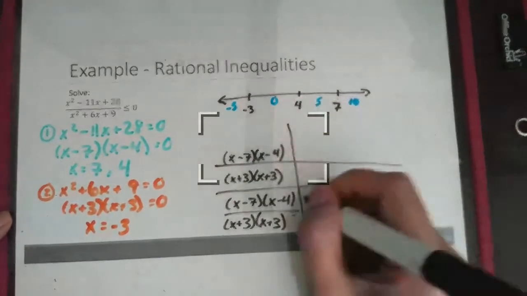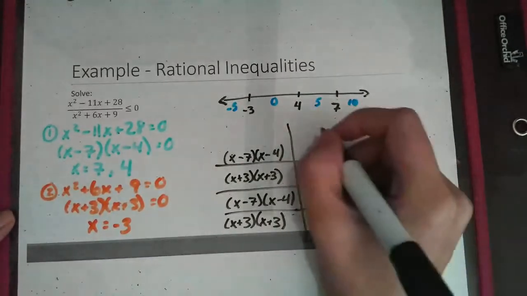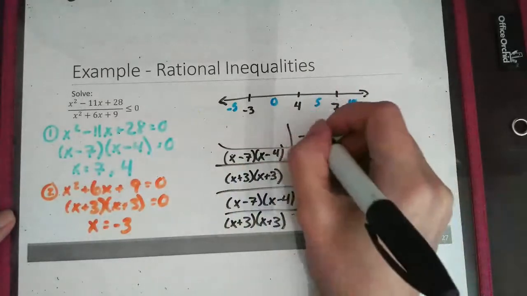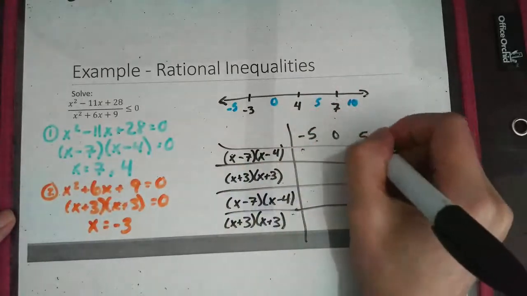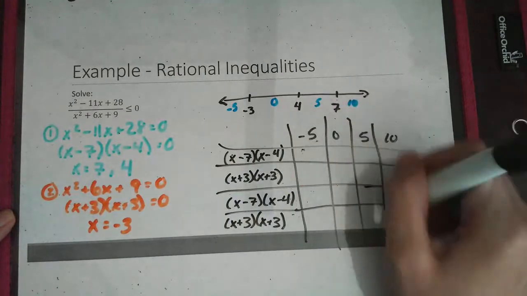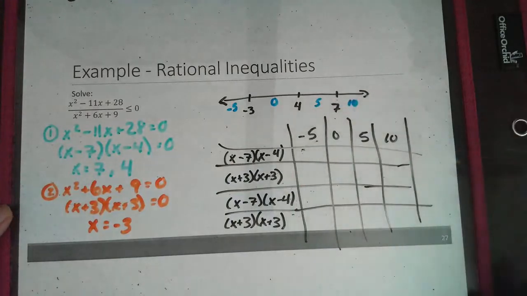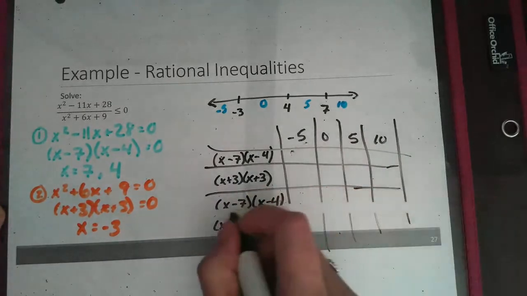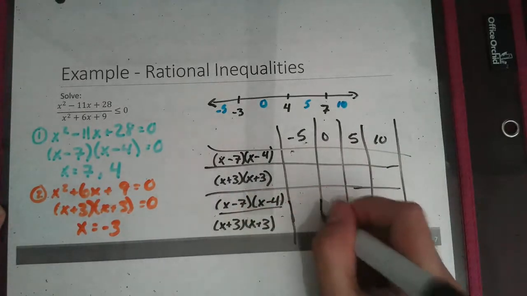For my columns, I use my test values. So -5, 0, +5, and +10. I put a line where there shouldn't have been one. That one's a fraction. There we go.